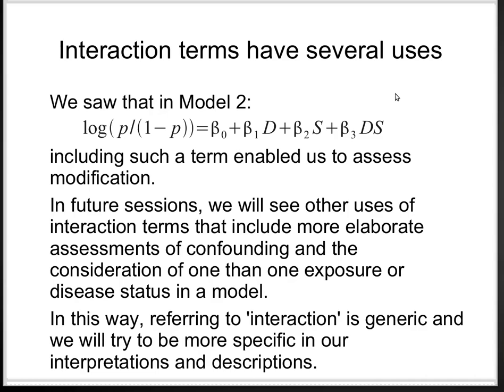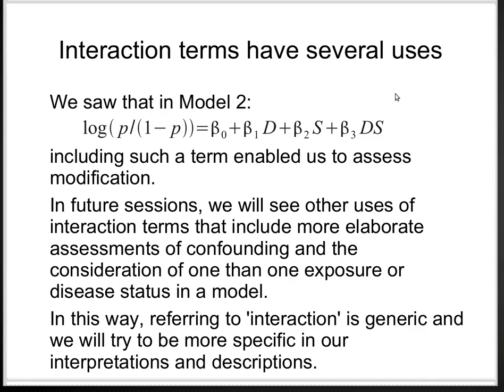So I think it's probably wise when you are using this terminology to think of interaction as a rather generic term. Keep confounding and modification as specific to the epidemiology at hand.